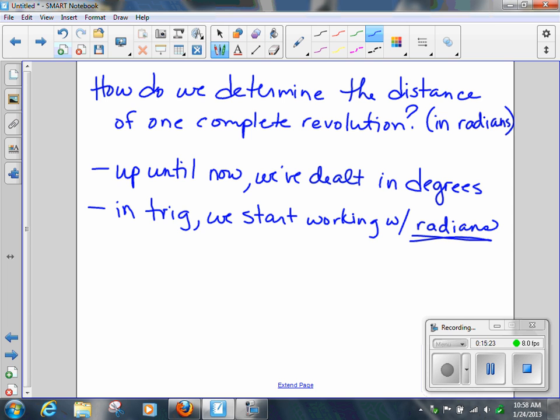Now, circumference. Do you agree circumference talks about the distance around a circle? Okay. So we're going to be talking about circumference.